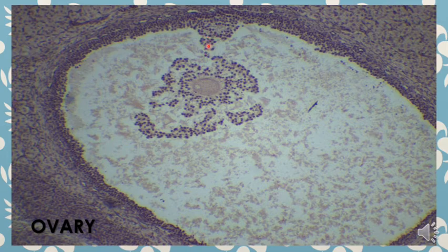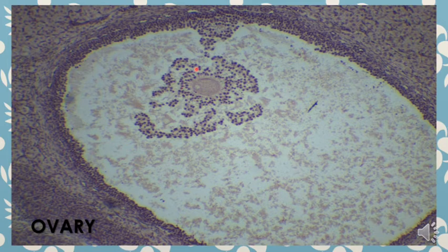You can see this is the cumulus oophorus, while single layers of the granulosa cells surround the primary oocyte. This layer is called corona radiata.